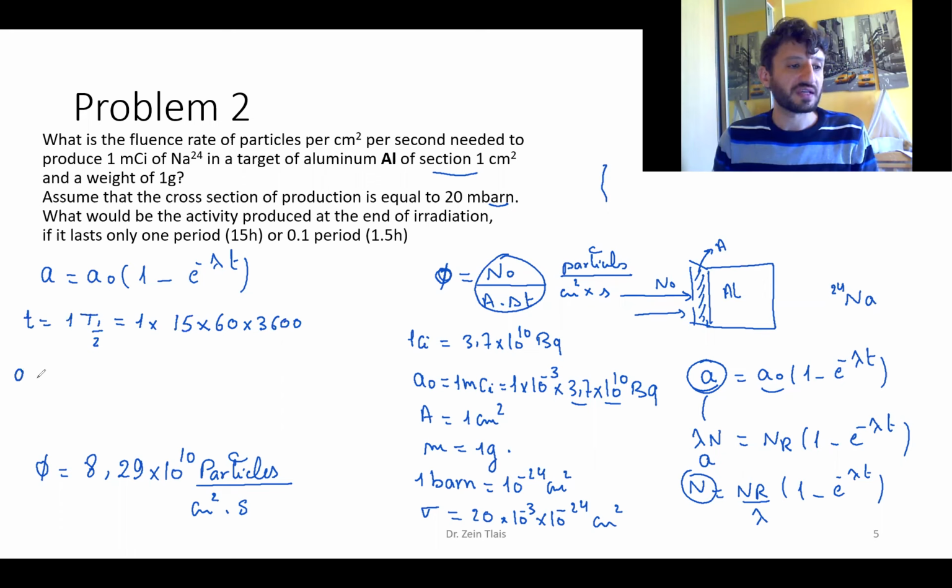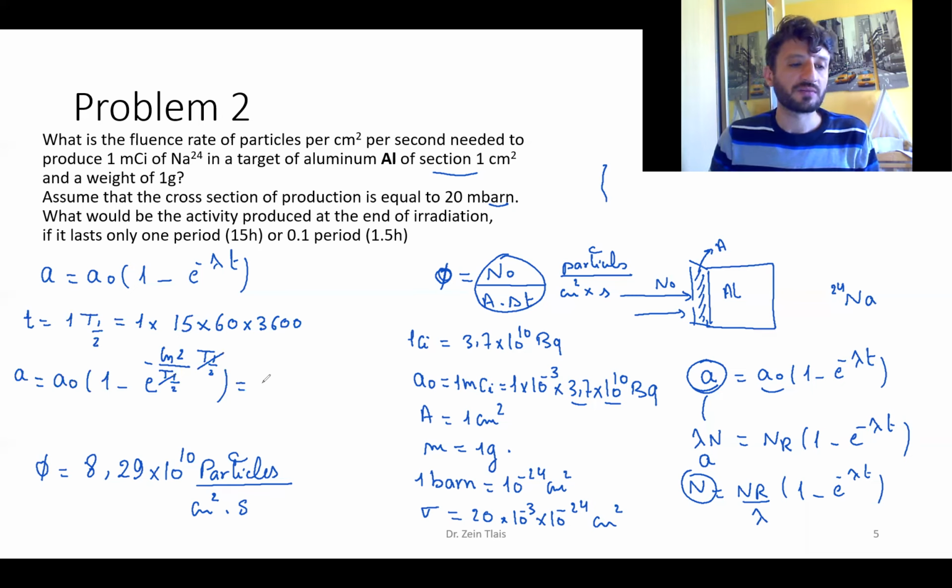We can say A equals A0 times 1 minus exponential minus lambda t, where lambda equals ln 2 divided by 1 period, times the time. The time here I give you is 1 period. So we can eliminate t half and t half.